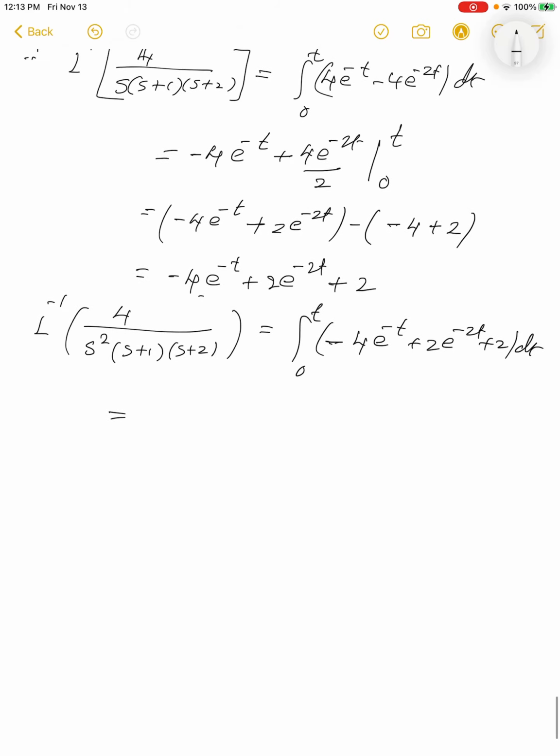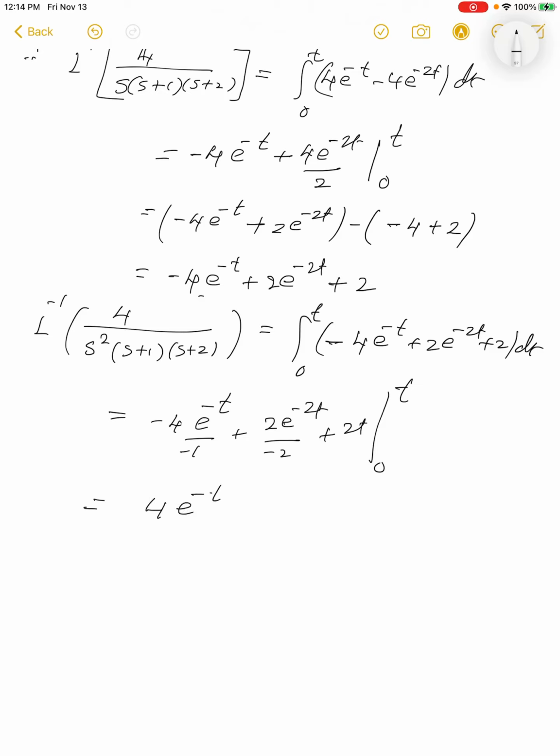So this is how you will use the formula for the Laplace transform of the integral to figure out the inverse transforms. This is going to be minus 4 e to the minus t by minus 1 plus 2 e to the minus 2t by minus 2 plus 2t between 0 to t.